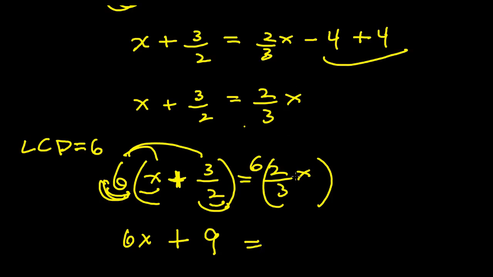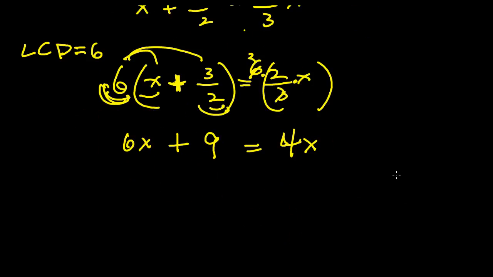On the right, it's not a sum, it's a product here, so I can multiply 6 times 2/3 and then take that result and multiply it by x. 3 cross cancels into 6 twice, and 2 times 2 is 4. And 4 times x is 4x. So the right-hand side simplifies to 4x.